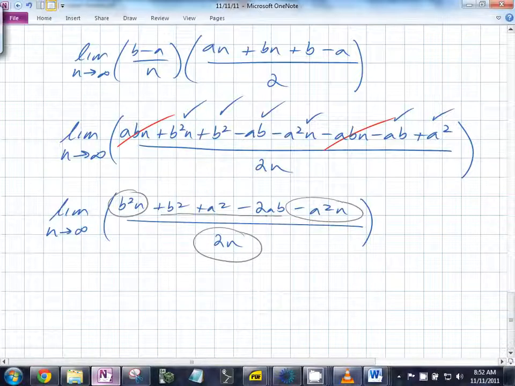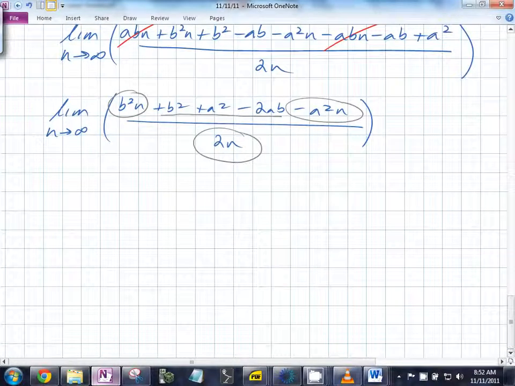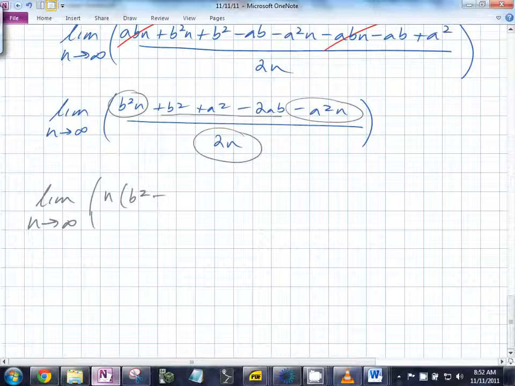So the way you can think about this, just logistically, is the limit as n goes to infinity of, on top here, n times b squared minus a squared plus b squared plus a squared minus 2ab, like this, all over n times 2. I just rearranged it. I haven't done anything other than rearrange that right there.